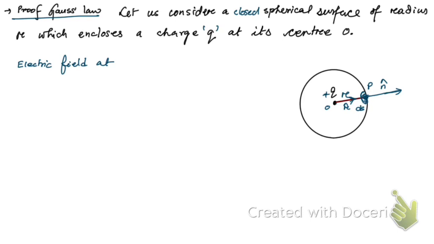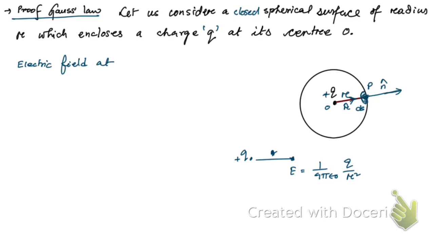We know that the electric field due to a charge at a distance r is given by E equals 1 by 4 pi epsilon naught times q by r square.